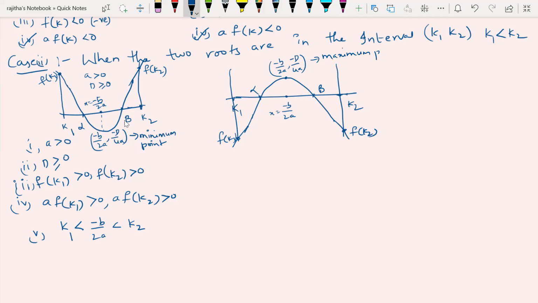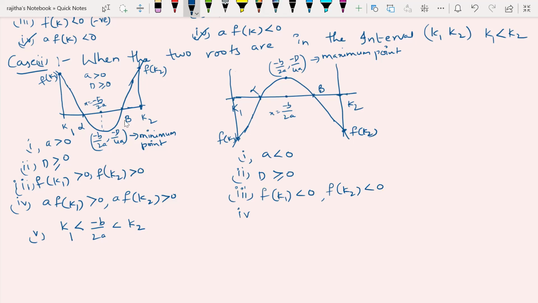What we have to observe in these cases: here a is less than 0, and the discriminant is greater than or equal to 0, since real roots mean the discriminant is always greater than or equal to 0. f of k1 is less than 0 and f of k2 is also less than 0.